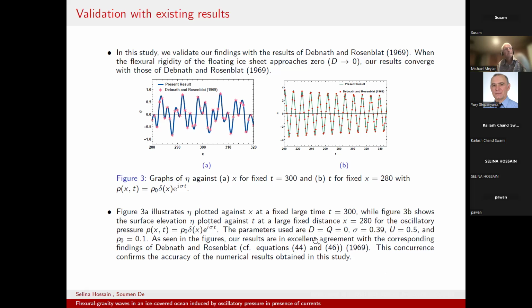The parameters used are D and Q equal to 0, sigma equal to 0.39 and U equal to 0.5, and we have chosen p0 as 0.1. As seen in the figures, our results are in excellent agreement with the corresponding findings of Debnath and Rosenblatt.